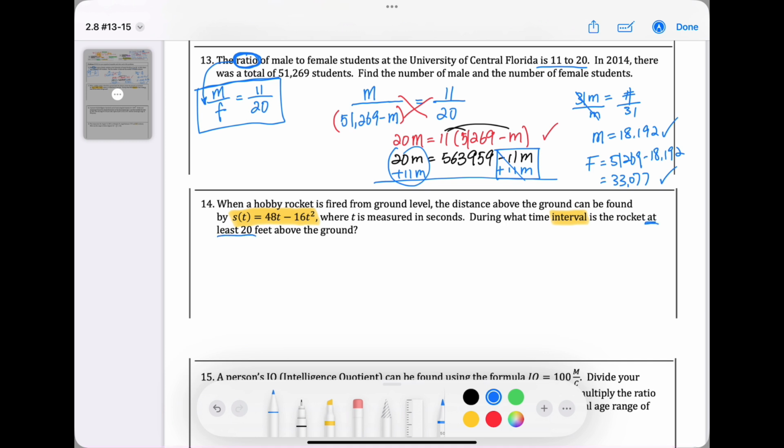At least 20, it's a maximal notation. At least means I can equal to or be greater than 20. So given this equation, I will have my 48t minus 16t squared that is greater than or equal to 0. Aha, inequality.